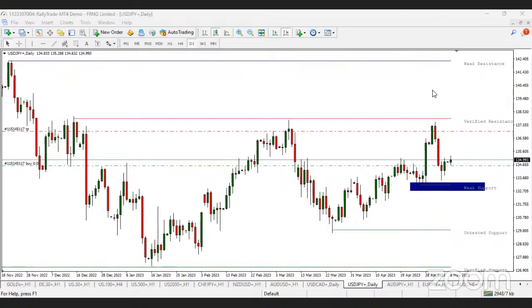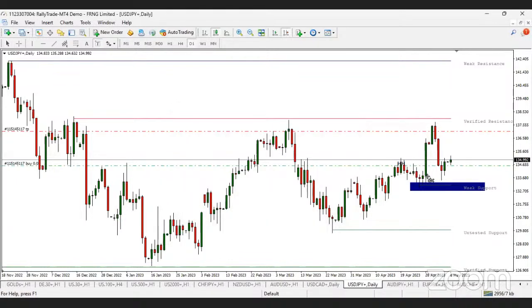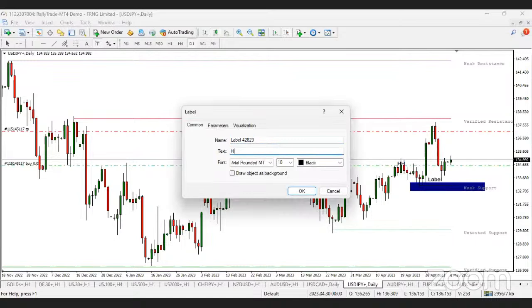We can see higher lows and higher highs, right? So let me quickly label it for us so that we can flow with the analysis. This is our higher high. I have a higher high here. This is a higher low. I have a higher low here.